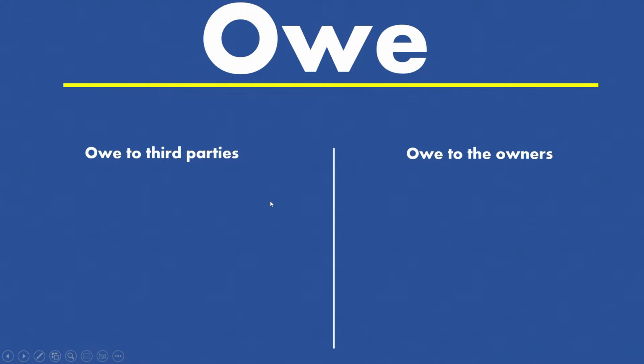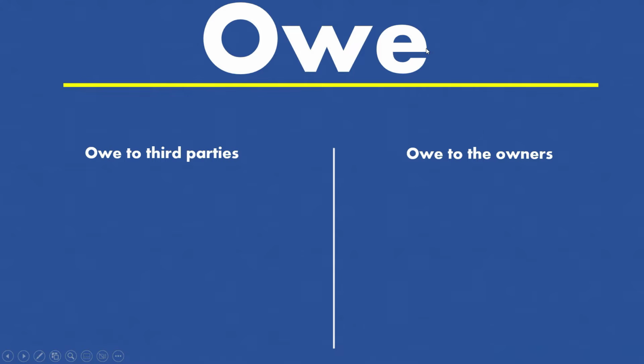And then there is owe to the owners. We just discussed a few moments ago that there is a separate entity concept that is being used in financial reporting, and that concept is, for the purposes of financial reporting, the owner of the business is a separate entity, which means that if there is owner's money invested into the business, that will also be treated as a liability, something like the business owing towards the owners.